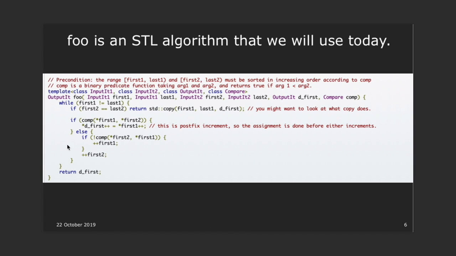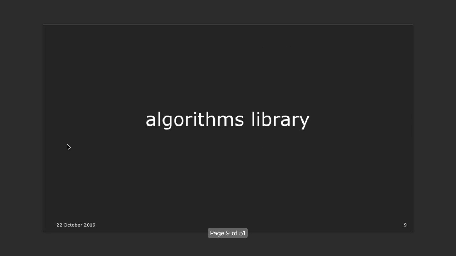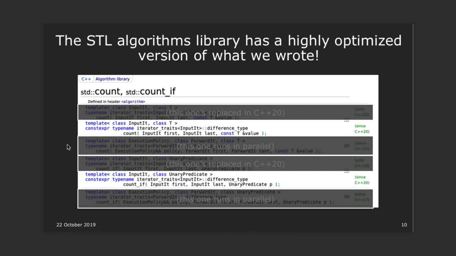This is an STL library function. Cool. All right, let's talk about the algorithms library. Last week we wrote a function called count occurrences, and that function we don't have to write ourselves because in the STL library there is already a very highly optimized version of what we just wrote.